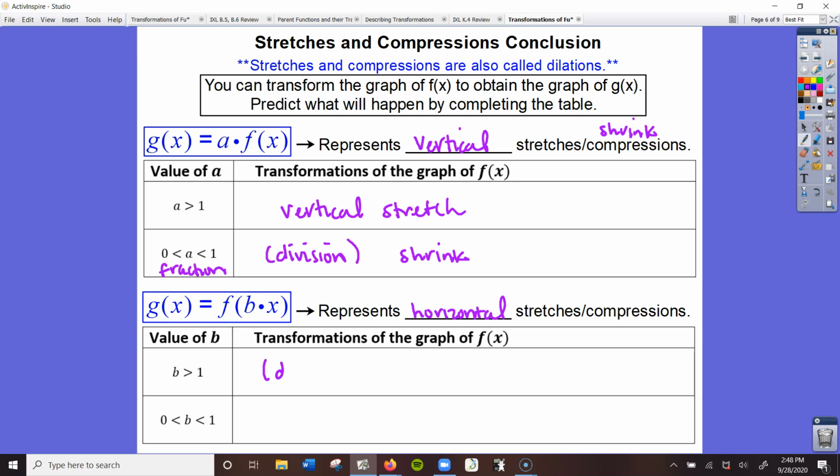So we would be dividing by that number, and therefore this would be a shrink. If whatever is in here is a fraction, instead of dividing, we would actually multiply. And if we multiply, it's going to get bigger, so that would be a stretch.